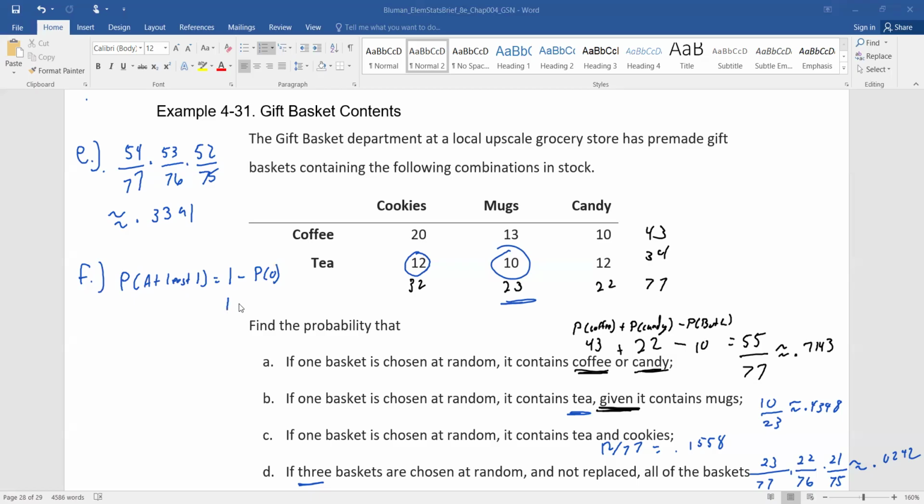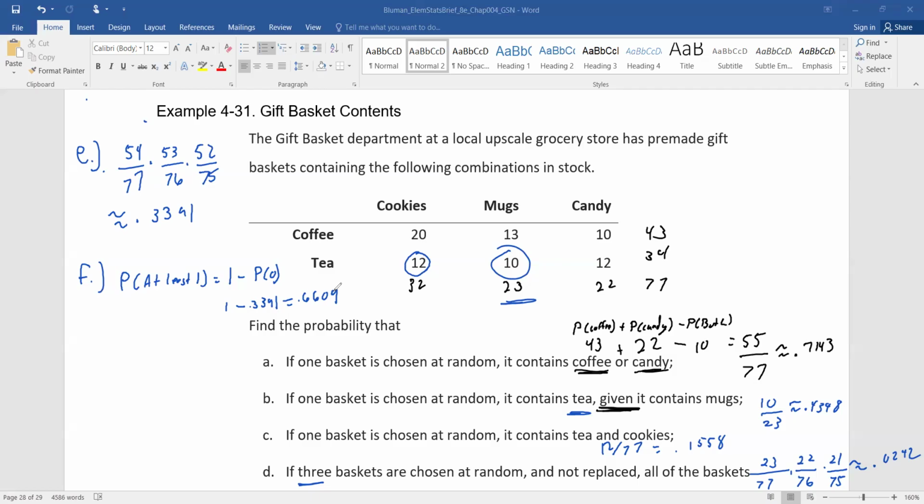So this would be 1 minus 54. Oh, I forget they said they chose 3 baskets. So I was about to do this all out of 1 basket. So they chose 3 baskets. So this is the probability that none of them are mugs. So then that would be 1 minus 0.3391, which comes out to 0.6609. So there's a 66.09% chance that at least one of them will have a mug in 3 gift baskets if you do not replace.